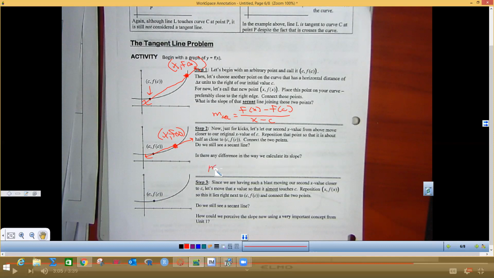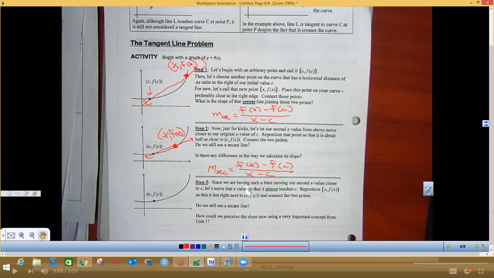So we can still say that the slope of this new secant line is calculated exactly the same as it was up there, except my x and my y would be different values in a real problem. But I still have this slope. Now, as you can tell, this secant line slope is a little higher than the earlier secant line, but we're getting closer to the tangent.